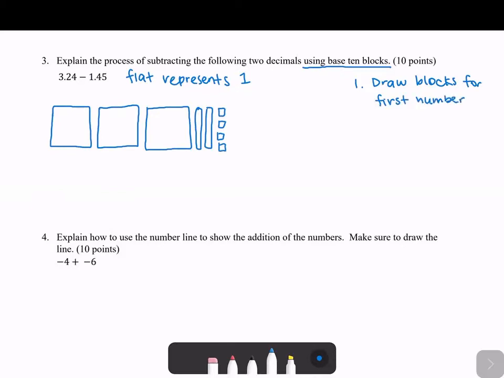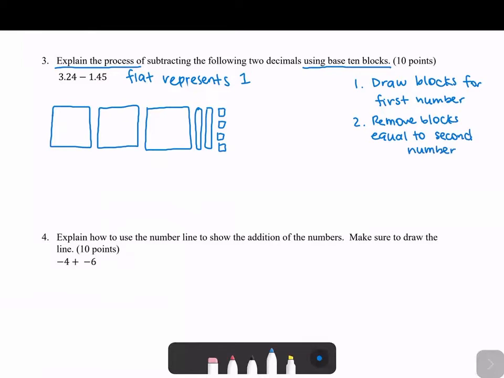You have to write them down because I tell you to explain the process. So that means give the steps of the process. So we draw the blocks for the first number. And then after that, we remove the blocks equal to the second number, or the number you're subtracting.